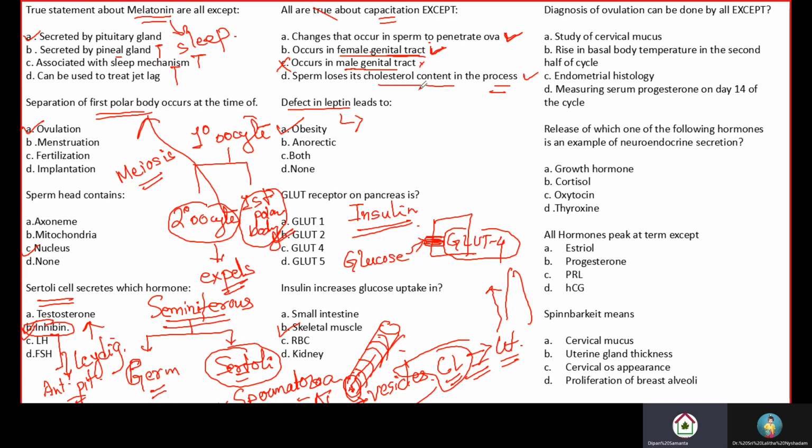Sperm loses its cholesterol content in the process. This is the mechanism of capacitation actually.